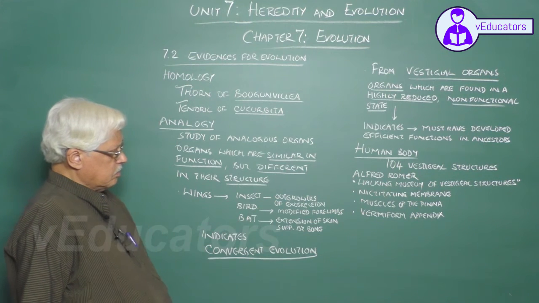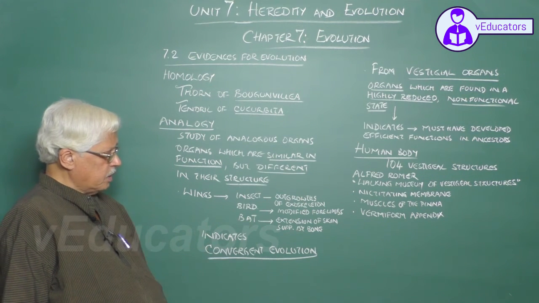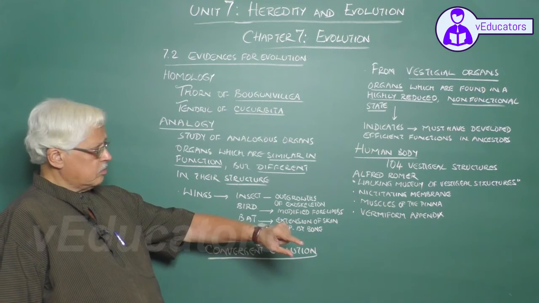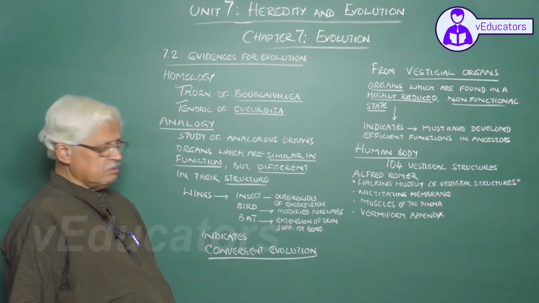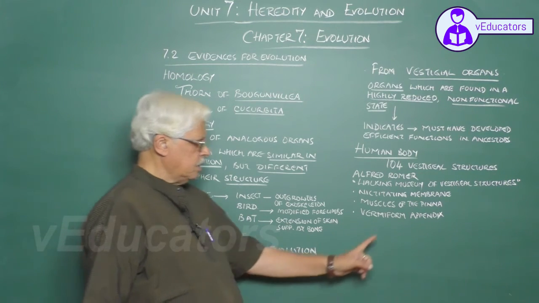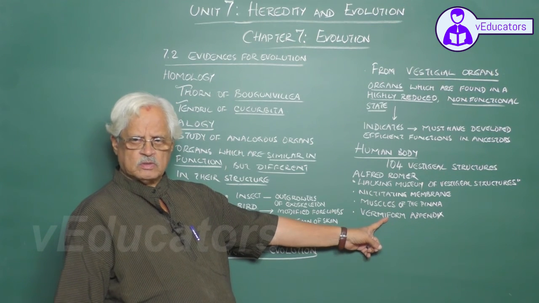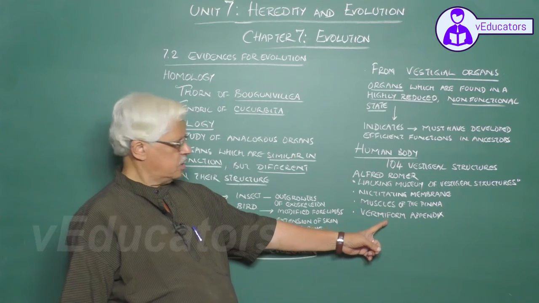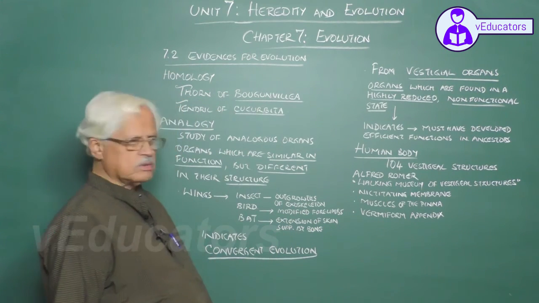Earlier, particularly if you take for example herbivorous mammals, this structure is long and contains bacteria which can digest cellulose. But the change of food habits in human beings has made this structure become non-functional, so it is reduced and present only as a small tiny finger-shaped structure.